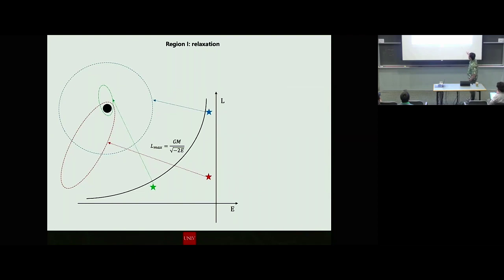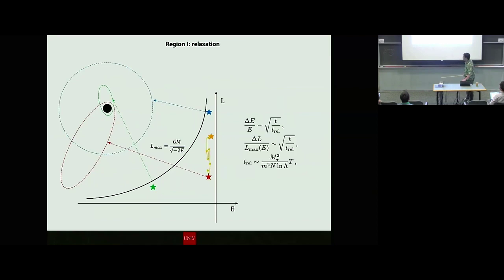An orbit with low binding energy and low angular momentum corresponds to a highly eccentric, weakly bound orbit. And there are other orbits, with very high binding energy and low angular momentum, which correspond to a very close orbit around the supermassive black hole.